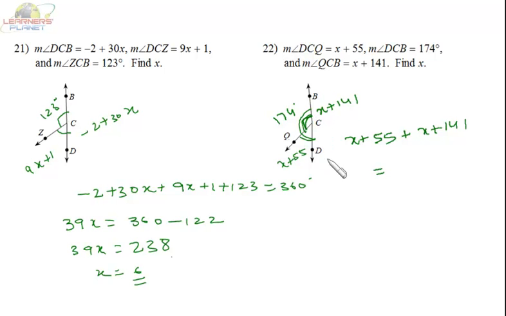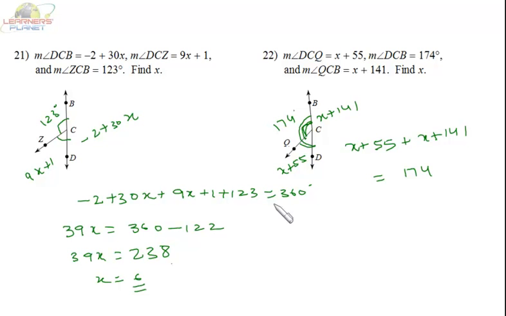Okay, so it is 174. So 2x will be minus 22, so x is minus 11. Okay, I hope you are getting my point.